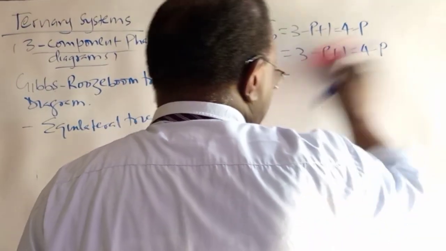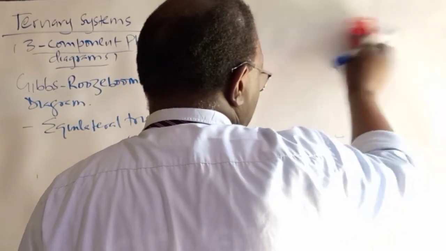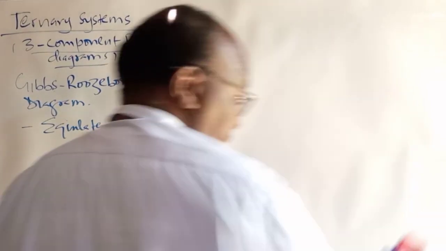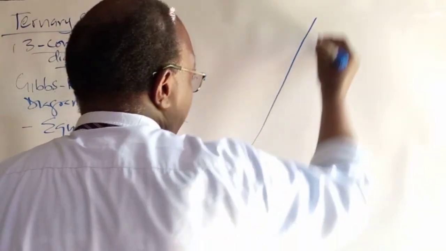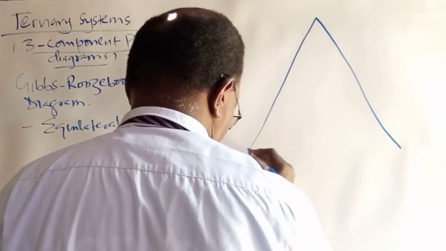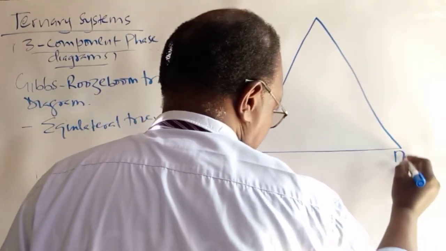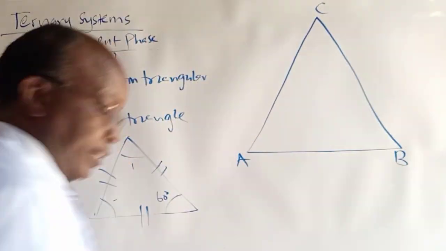Now, let us represent those 3 components in a triangular diagram. So we have the triangular diagram, component A, component B, component C.